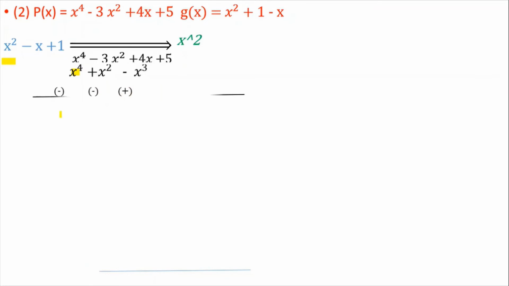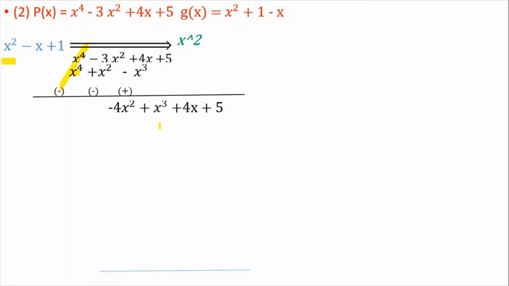Now we have to perform the division process. While performing addition, we can notice that plus x power 4 and minus x power 4 get cancelled, and now minus 3x squared minus x squared, that is minus 4x squared, and here plus x cube plus 4x plus 5. Now again we want to check the highest power of x in the divisor as well as in the dividend.